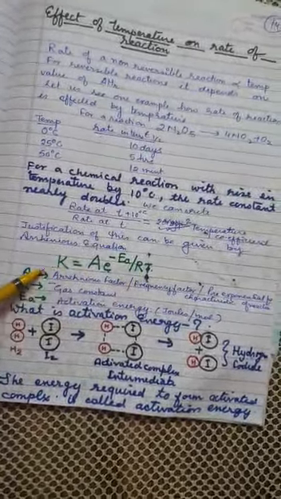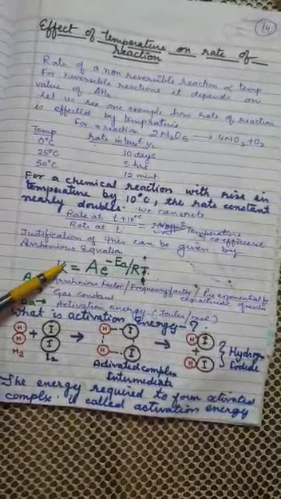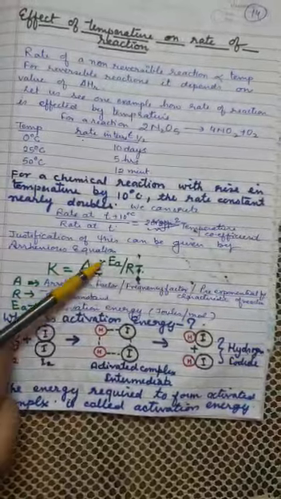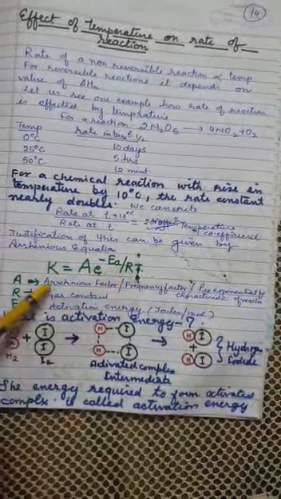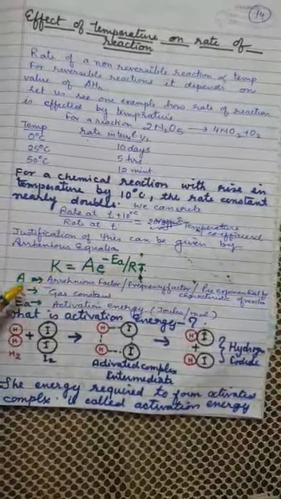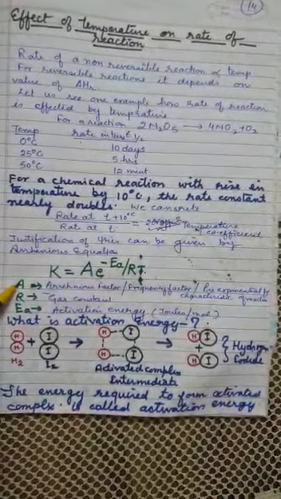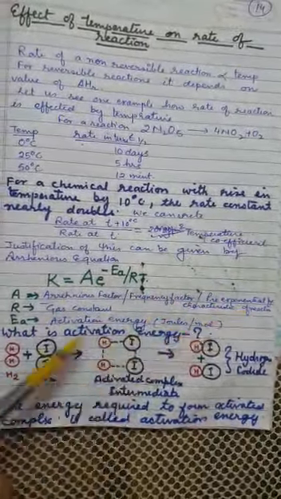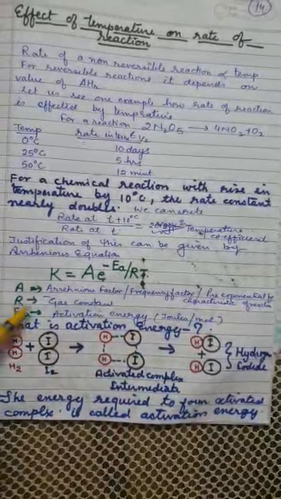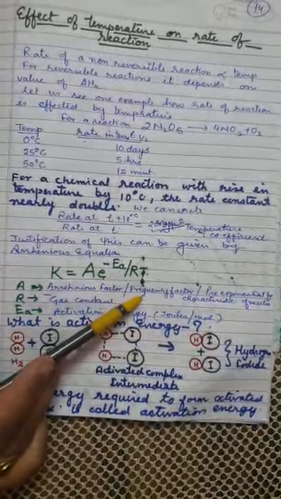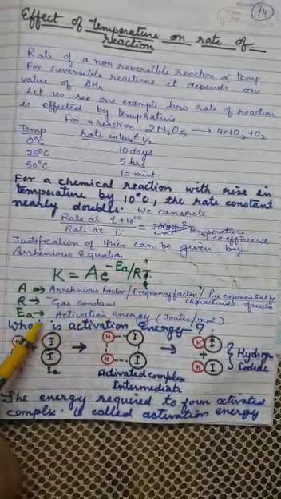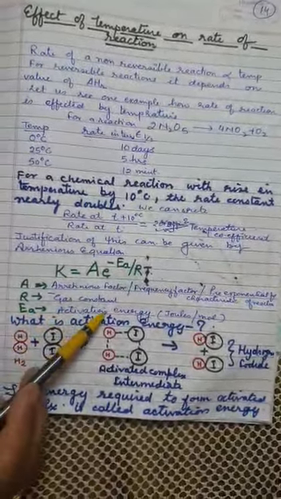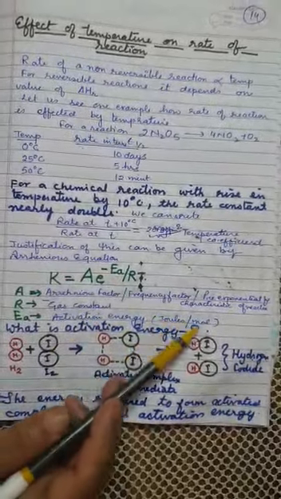The relation is called the Arrhenius equation, which is K is equal to A exponential of minus EA upon RT, where K is the rate constant, A is the Arrhenius factor, also called frequency factor or pre-exponential factor. It is a characteristic of a particular reaction and different for different reactions. R is the gas constant and EA is activation energy, which is measured in joules per mole.